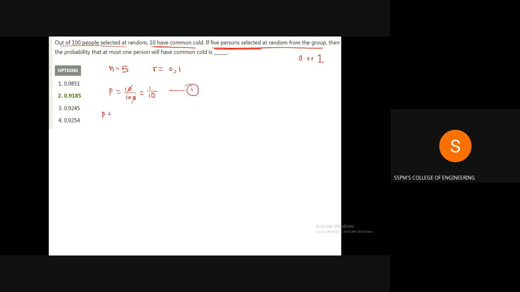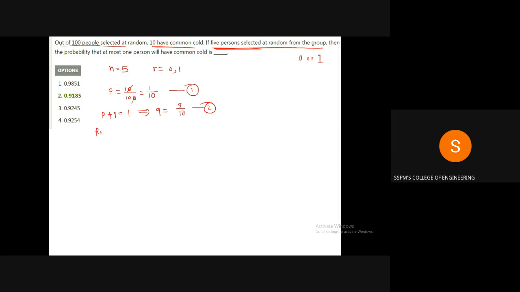Also we know that p plus q is equal to 1, which implies that q must be 9 divided by 10. If you subtract 1 by 10 from 1, you get 9 by 10. So that is the value of q.